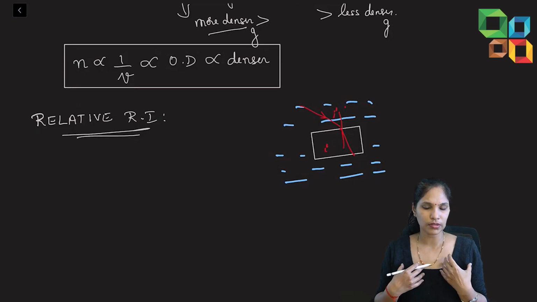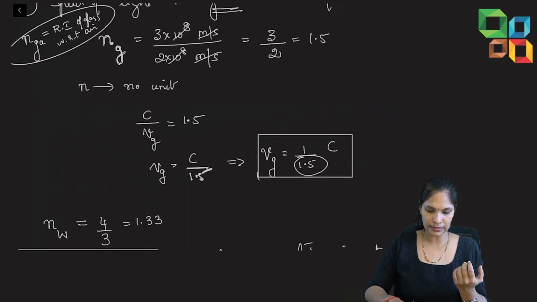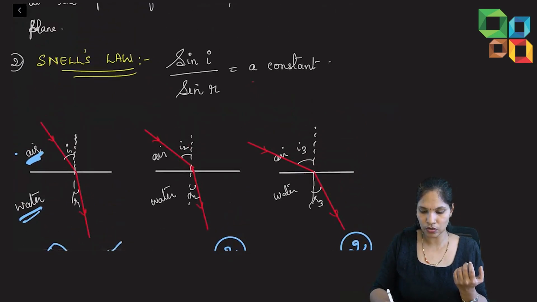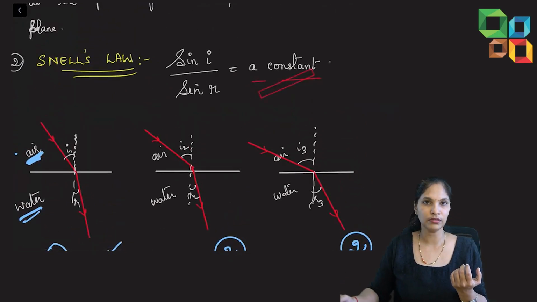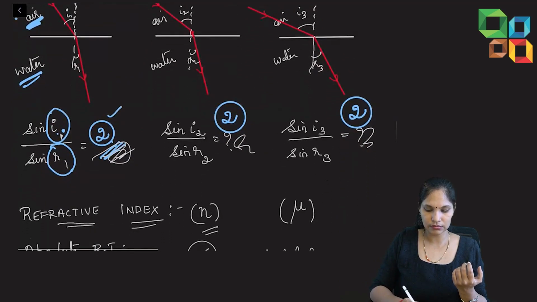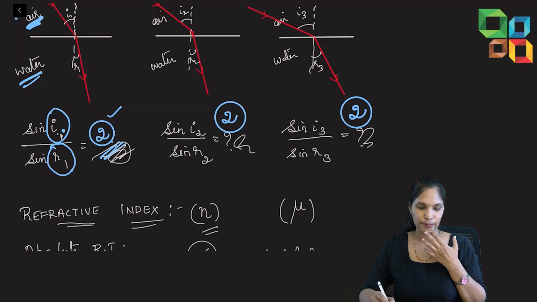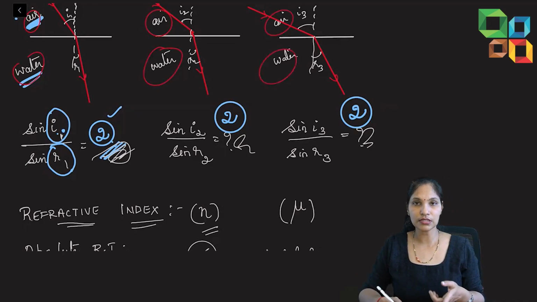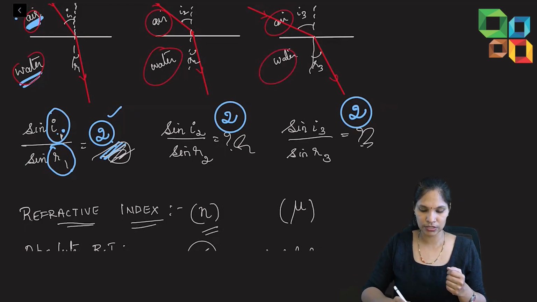Coming back to Snell's law, in Snell's law we saw that there is some constant over here, and that constant is the same for all angles of incidence, provided the medium remains the same. So if the medium changes, these values are going to change.